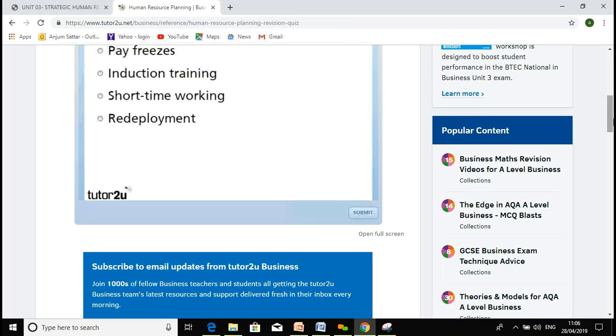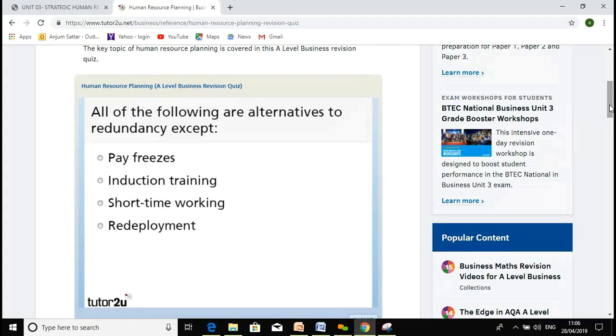Okay, let's go through HR planning. So, first question, what do you think? Which option do we think? Can we see on screen?